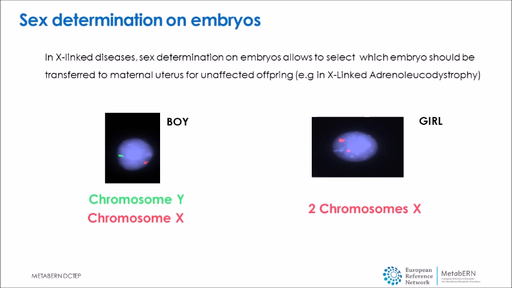For example, in case of X-linked adrenoleukodystrophy, if the father is affected, the only way to have a healthy baby is to have a baby boy, because as you know, the boy inherits the Y chromosome from his father and not the mutated X, because the X is inherited from his mother.